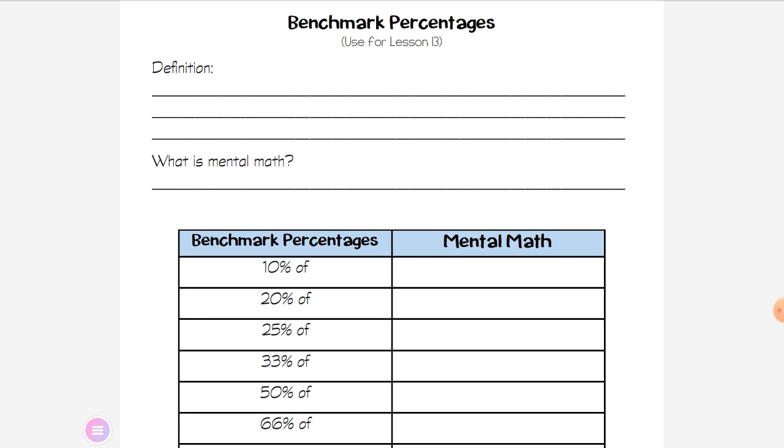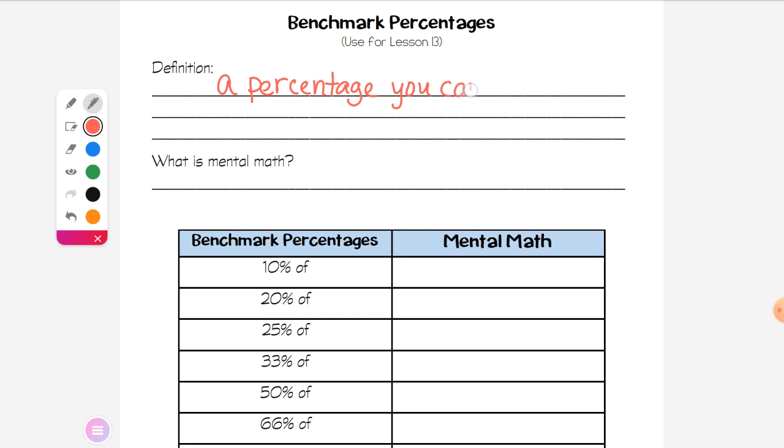I don't know what the actual book definition of a benchmark percentage is, but what I want you to think of is a percentage. Write this down: a percentage you can find mentally.